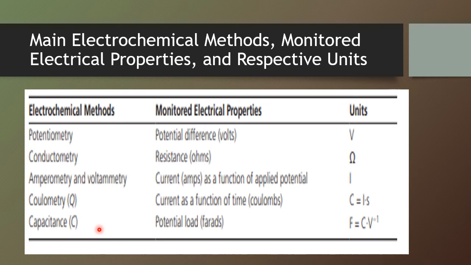Capacitance is the ability of any conductor to store electric charge, and we know that the unit of capacitance is the farad. So F is equal to C times V inverse. So these are the different types of electroanalytical methods and their application in pharmaceutical analysis with respect to our sample analyte.